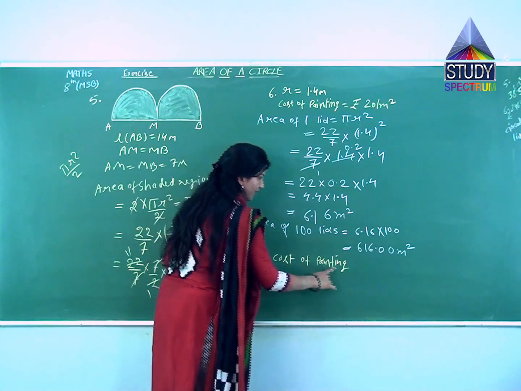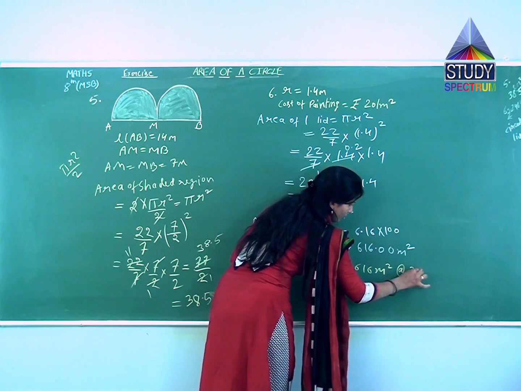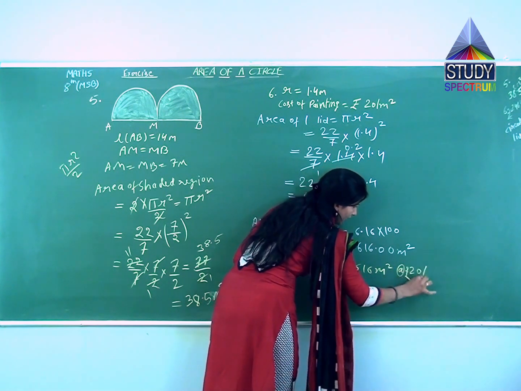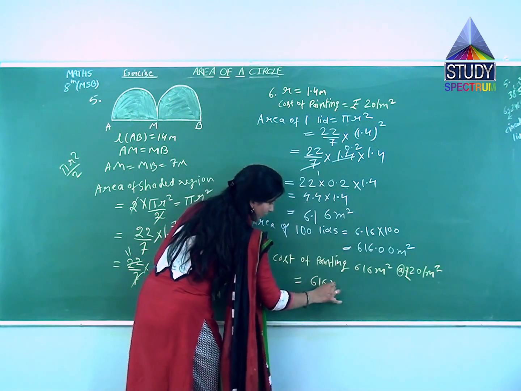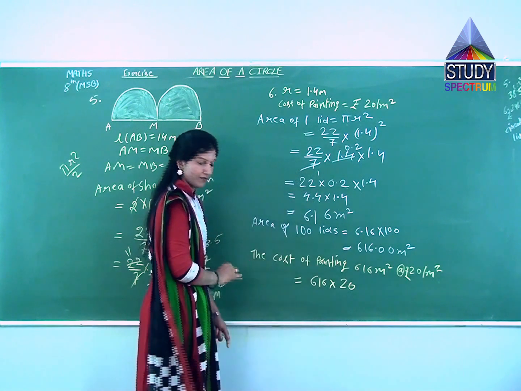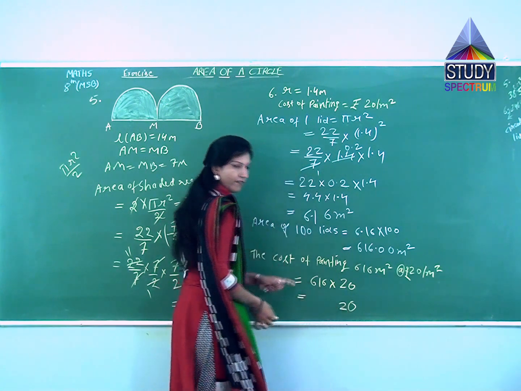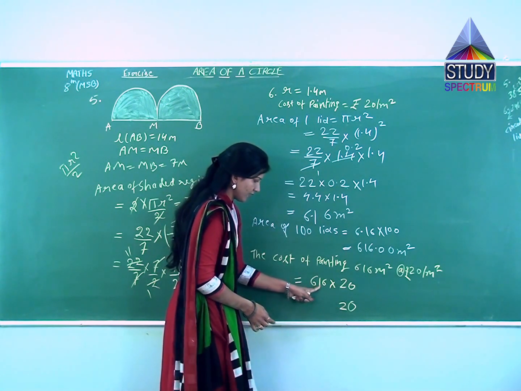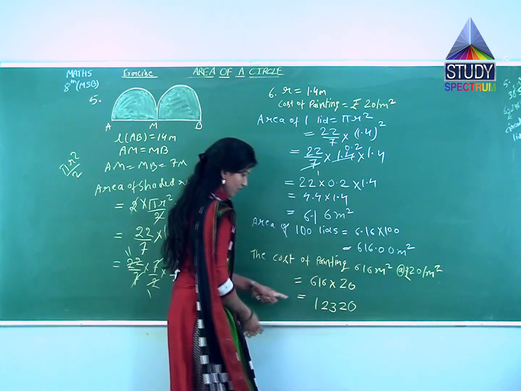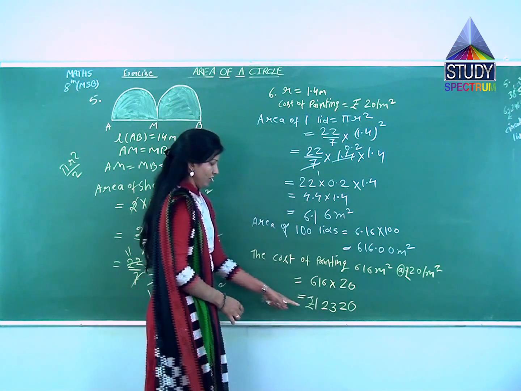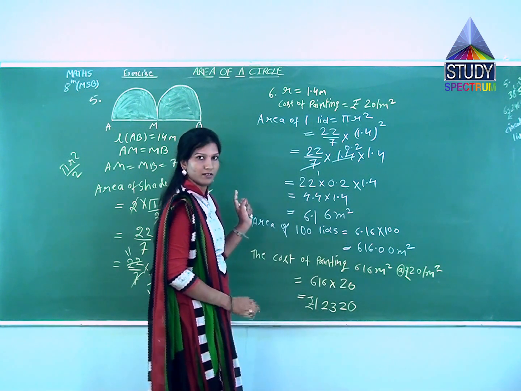So here the cost of painting 616 meter square at the rate of ₹20 per meter square is this 616 into 20. Now 0 as it is, 2 6s are 12, 1 carries, 2 1s are 2, 2 plus 1 is 3 and 2 6s are 12. The cost will be rupees 12,320 for this circular lid.